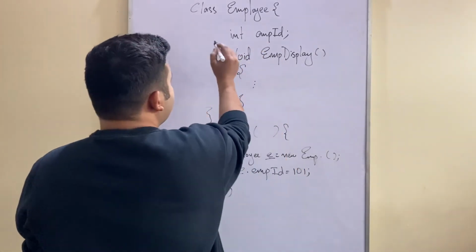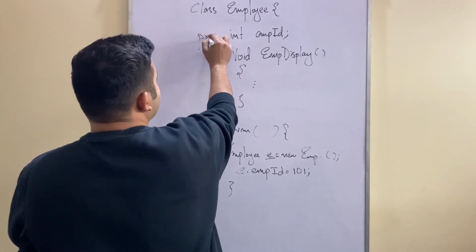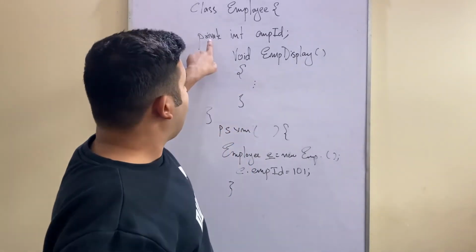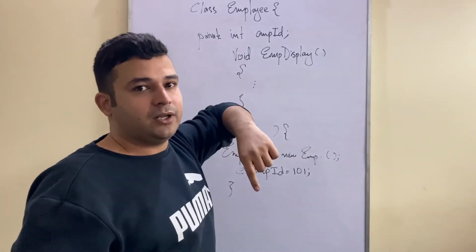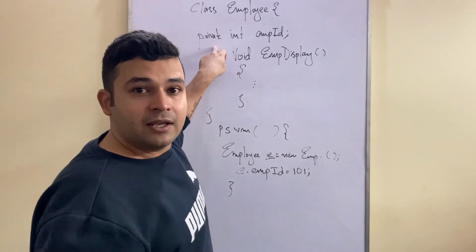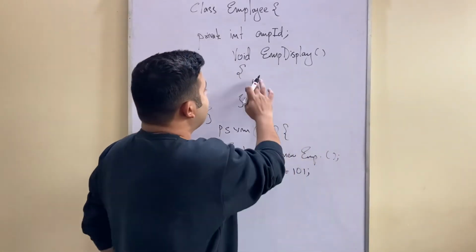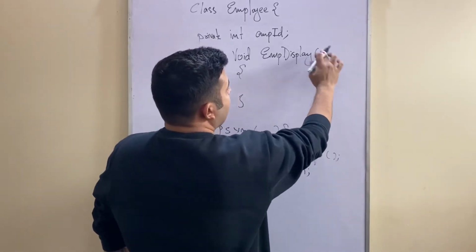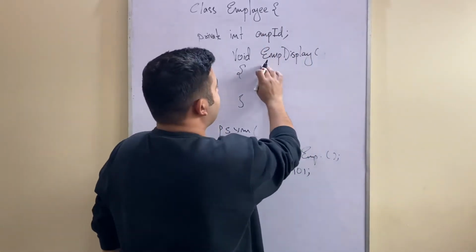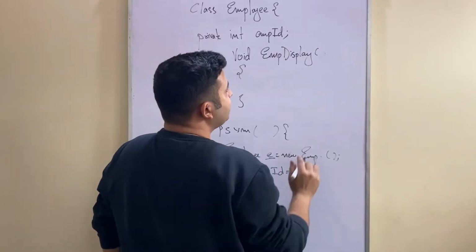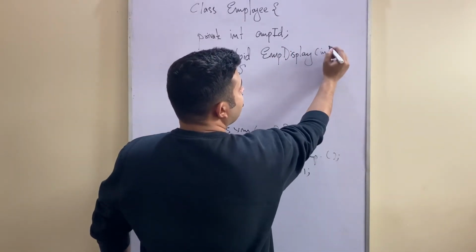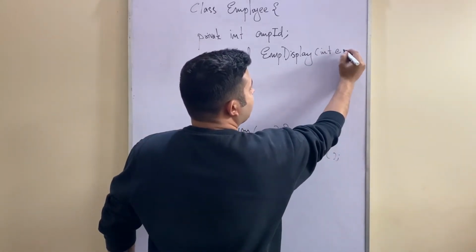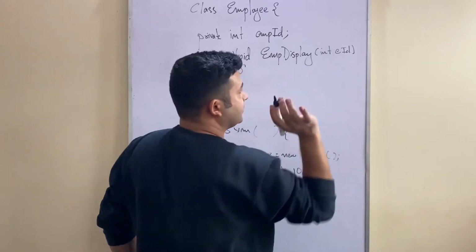Let's see. If I make this variable private, what will happen? I cannot access this anywhere outside now. Because it's private. And inside this, suppose I take this example, employee, whatever name you want to give, and here I am giving an argument of int type, suppose EID, anything.